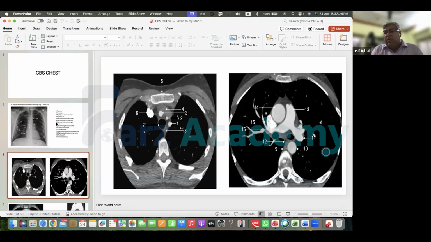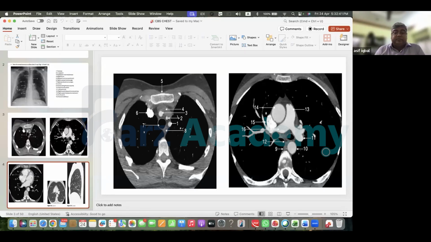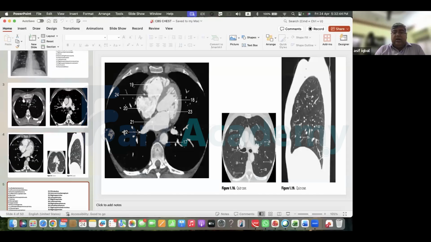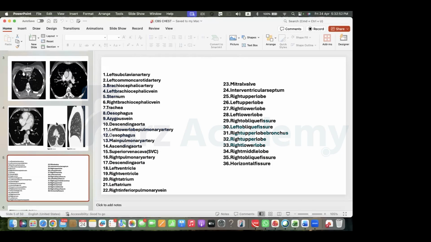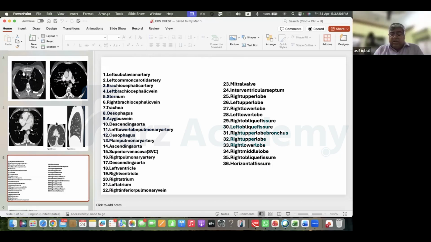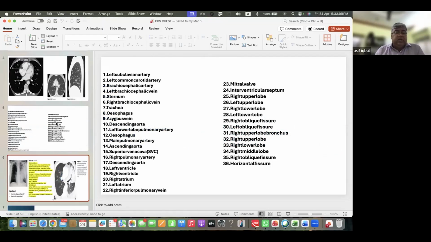That will make your diagnosis easier. Sometimes two or three pathologies or findings are superimposed on the CT, so be careful when you are describing the CT. These are the anatomical landmarks. I will upload the PPT in the group, so you will understand easily.